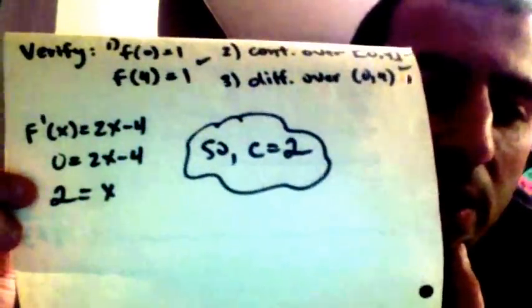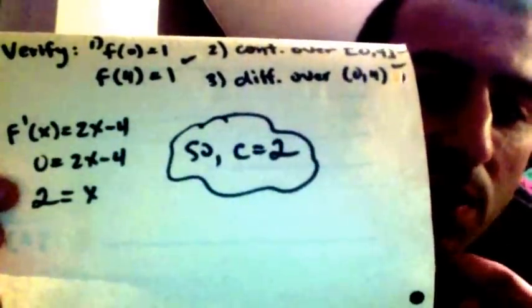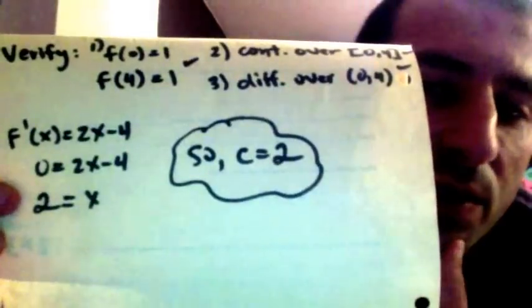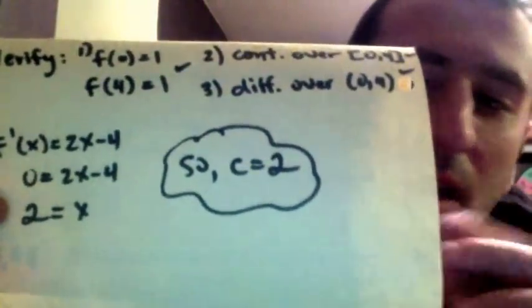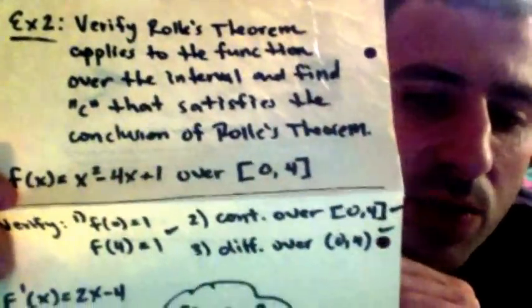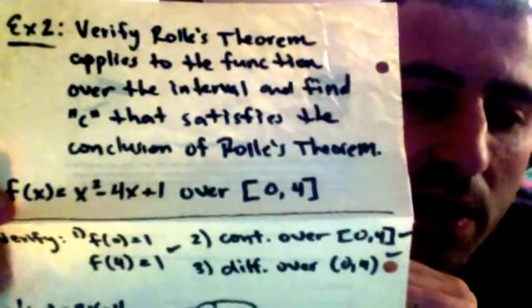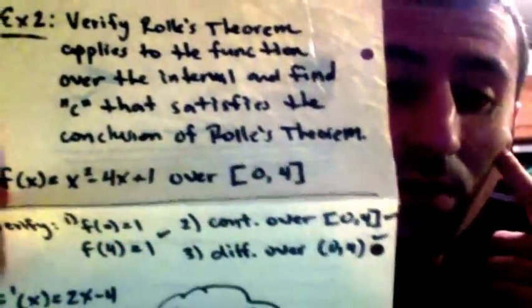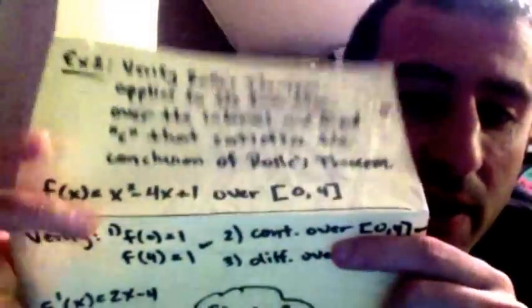So you got to check. 2 is certainly in between the open interval 0 to 4, so 2 works. So all that means, guys, is that in this interval, when x is equal to 2, the slope of that tangent line and secant line are both 0. And that makes sense because that would be at this function's vertex.